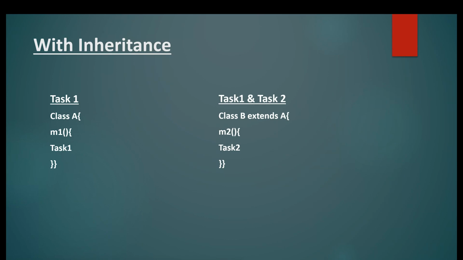I'm utilizing the method M1 that is already written in class A. And we are writing method M2 to do task two, which simply means that code reusability has increased now.